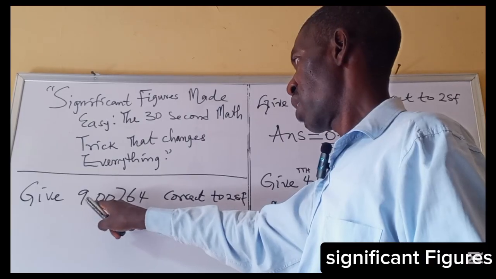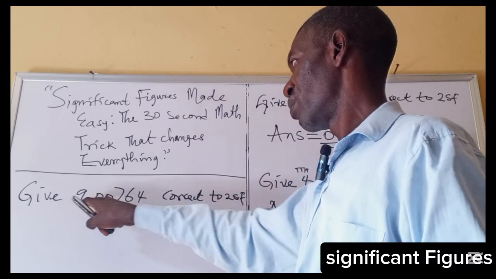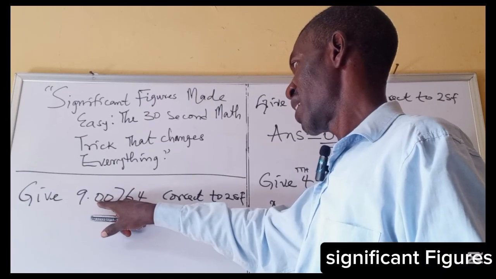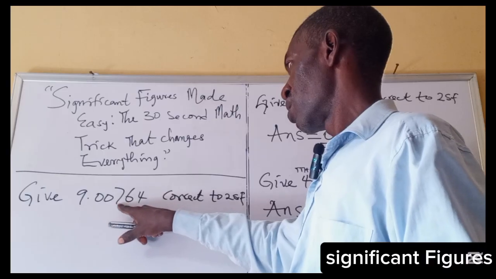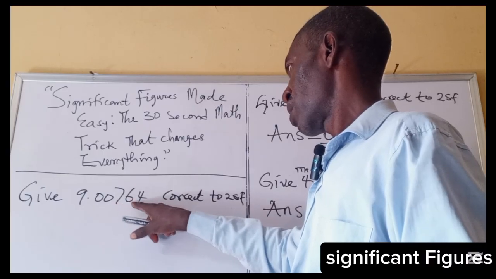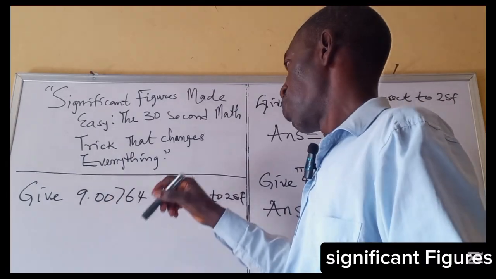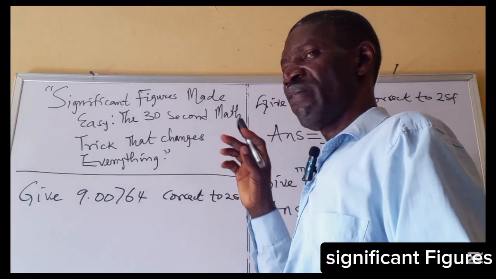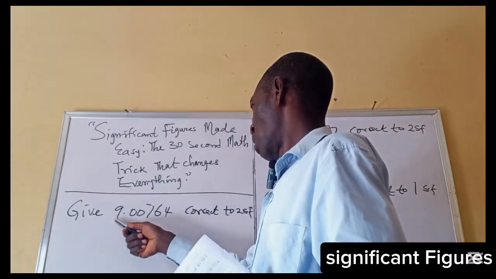If you look at this, we have 0. This unit. This is tenth. This is 100. This is 1,000, 10,000, and so on and so forth. So mind you, I told you that the first significant figure here is 9.